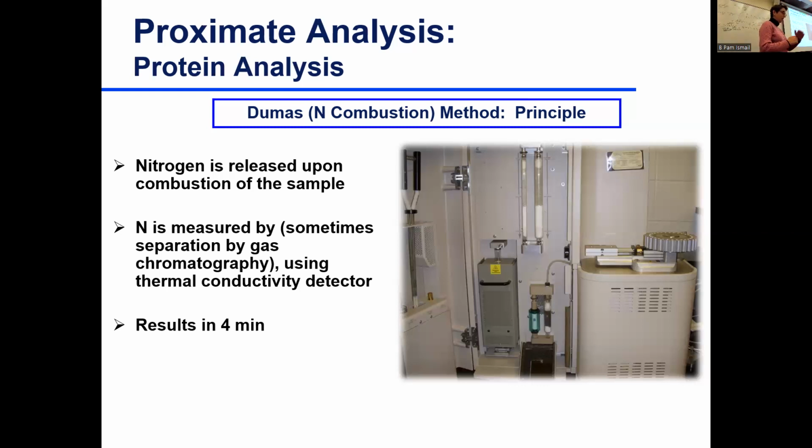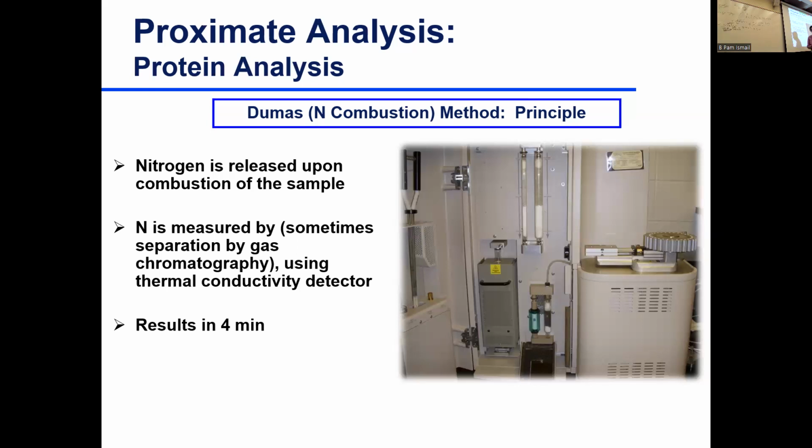With helium as a carrier gas, when nitrogen passes, the change in conductivity happens, and that gets converted to the content of nitrogen in your carrier gas. Sometimes you don't have scrubbers, you actually have a GC column, but we don't have that. We have scrubbers that scrub off all of the other gases, and only nitrogen gas makes it to the thermal conductivity detector, and you get results in a very short period of time.